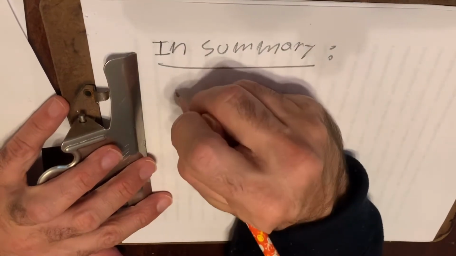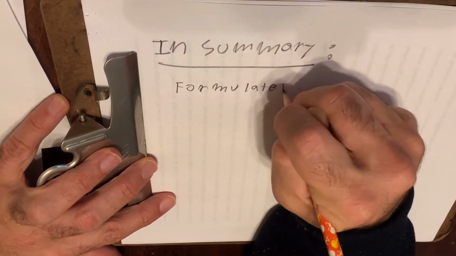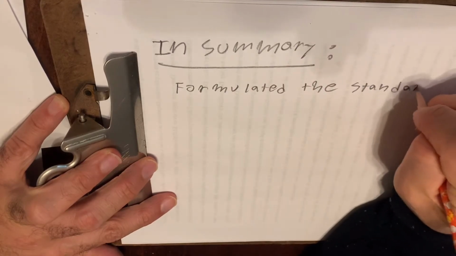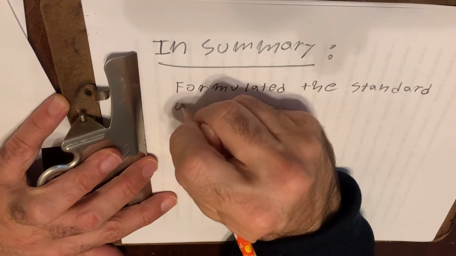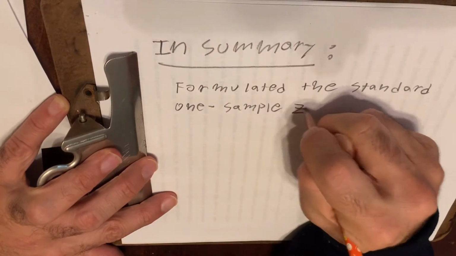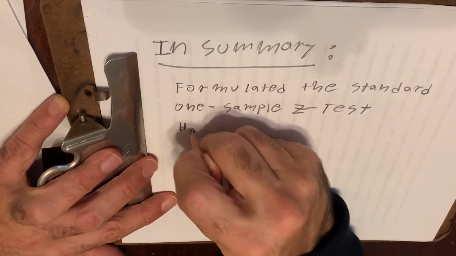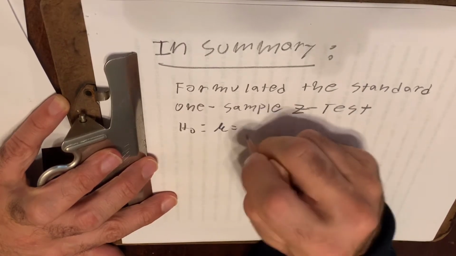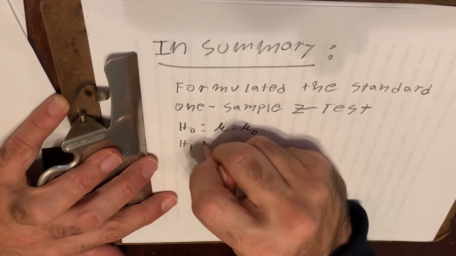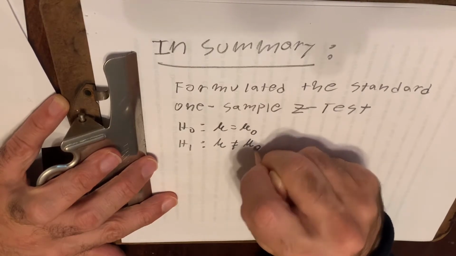So in summary, we formulated the standard one sample z-test, where the null hypothesis is that mu is equal to some hypothesized mean, against the alternative that mu is not equal to that hypothesized mean.